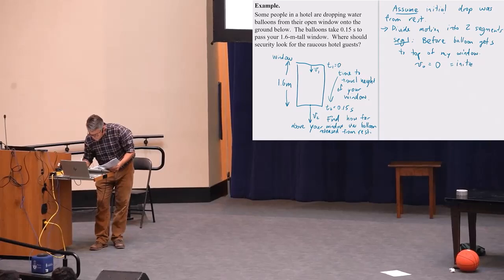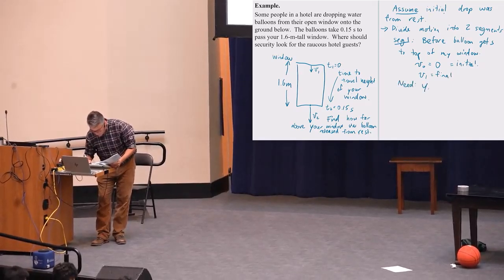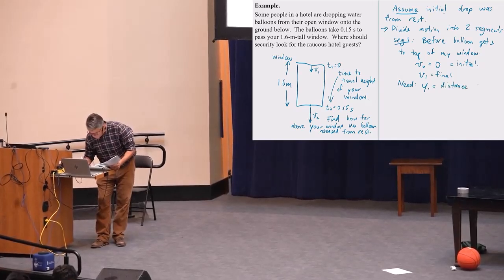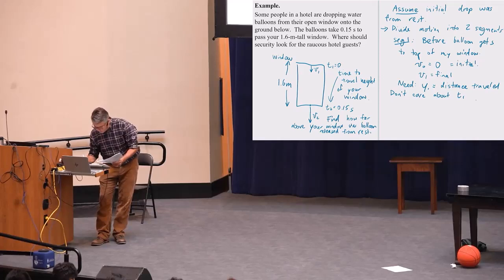And then V1 is the final speed here, final velocity. And what we need is Y1, the distance traveled. That's what we're asked for in this question. And what we don't care about is the time to do this. So we were given some time, but that's the time of segment 2.